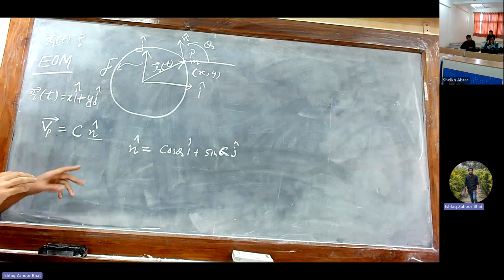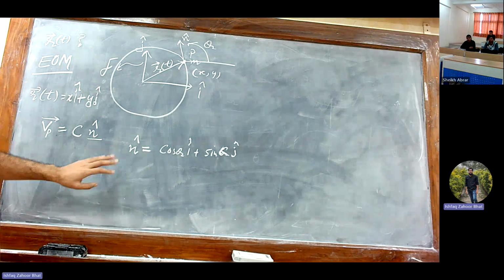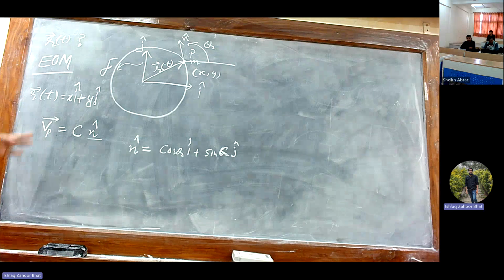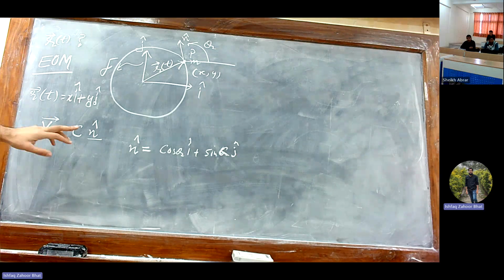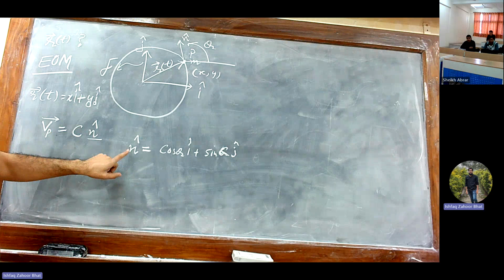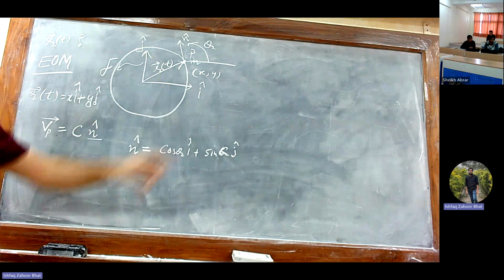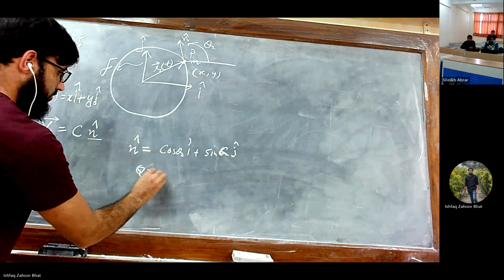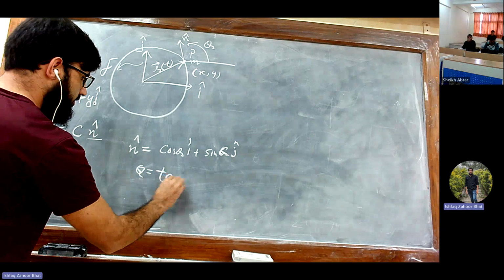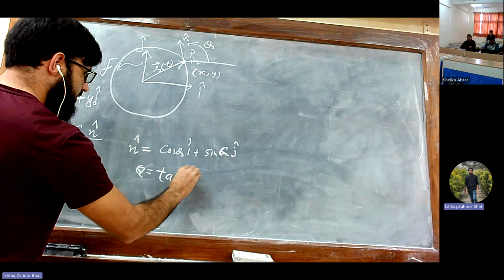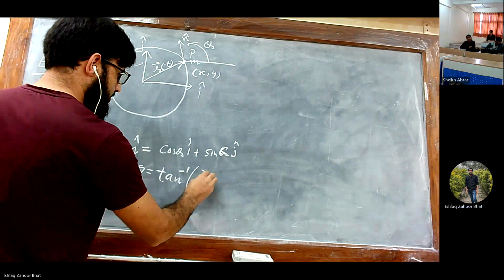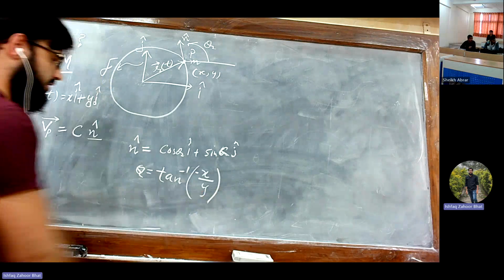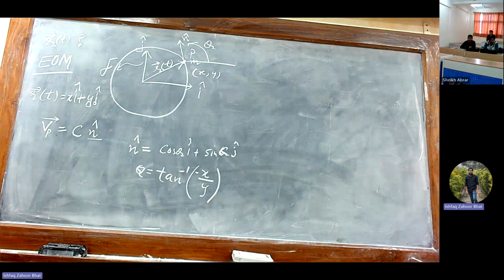And we calculated that, if you remember, we wanted to get the relation of this n in terms of this x and y, and we found out that this theta was equal to tan inverse of x upon y. I think it was negative, so something like this.